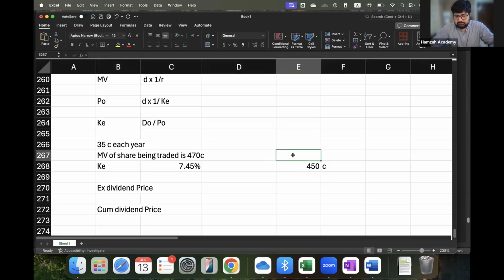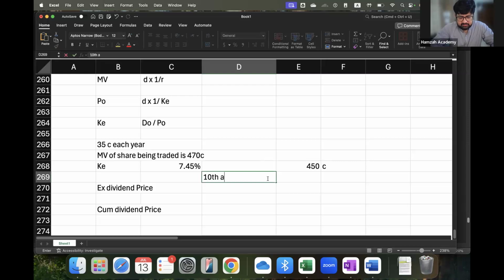And the company announced today that on 10th August, a dividend of 30 cents will be paid.